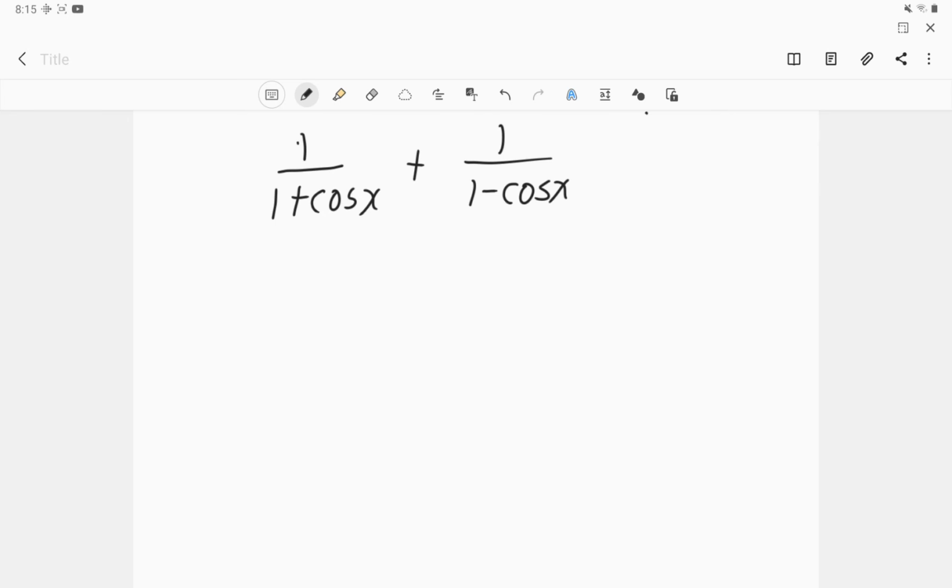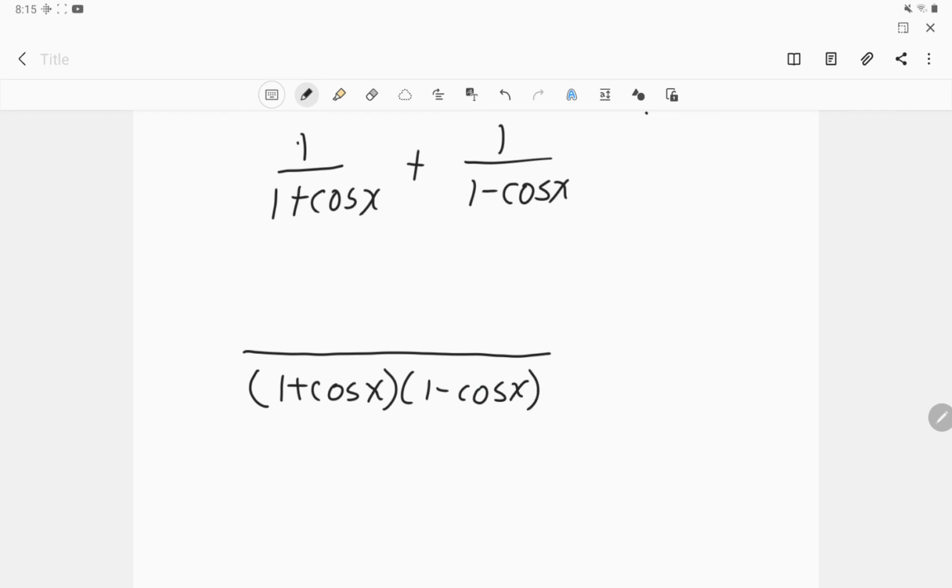Not sure yet. So I'm going to look at this and say I'm adding fractions. If I'm adding fractions, I need a common denominator. A common denominator would be 1 plus cos x and 1 minus cos x. Both of those things would have to be in the denominator.